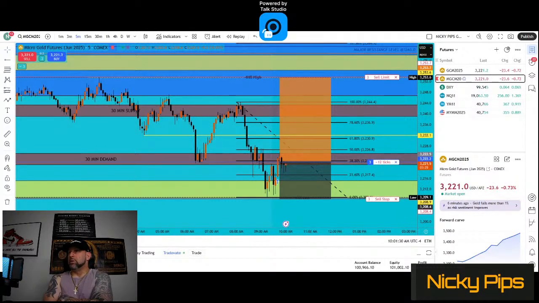All right, so looks like we got another rejection, which is good. We just gotta see this candle push. Because as of right now, we're having a hard time trying to break through the support area.